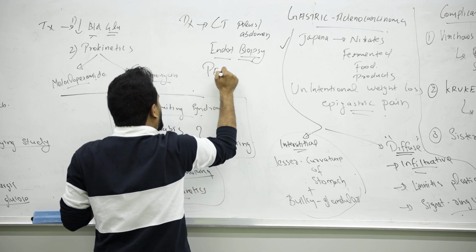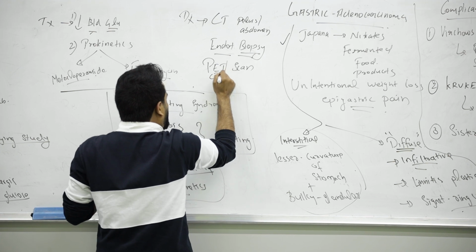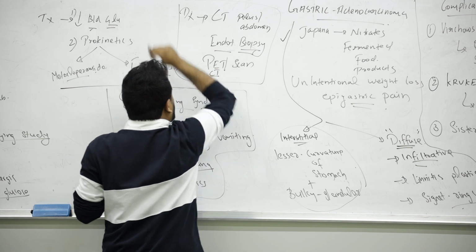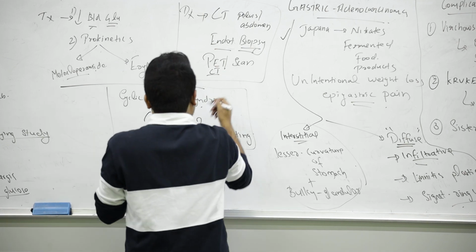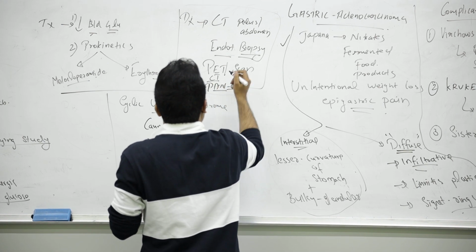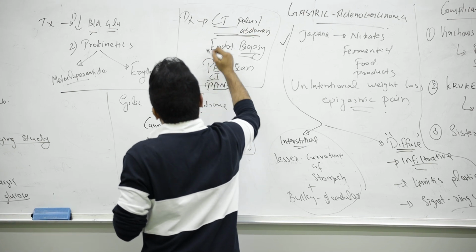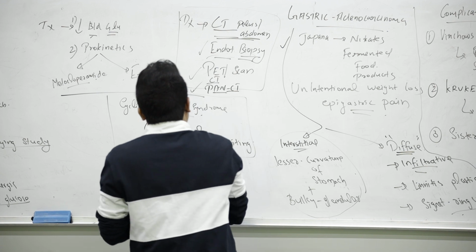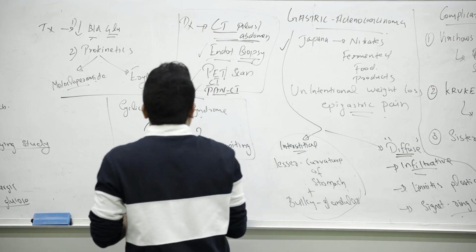You can even do a PET scan or PET-CT scan, positron emission tomography CT scan, or pan-CT for staging. So CT of abdomen is the initial scan, right? To confirm, you can do endoscopic biopsy, and you can even do PET scan or pan-CT scan. So according to need, you can answer the question.